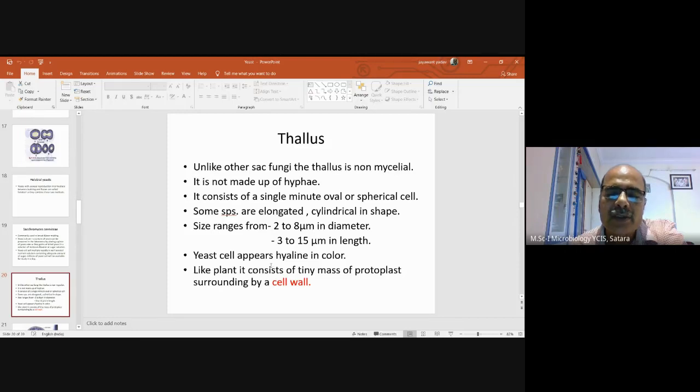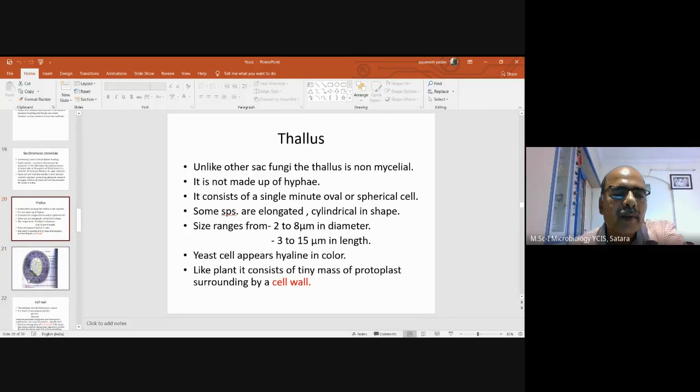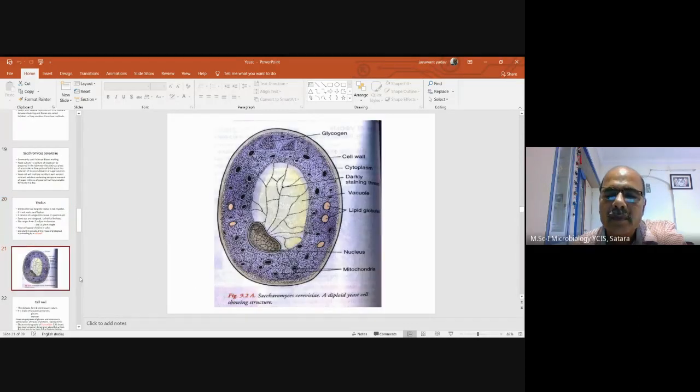Like a plant cell, it consists of a tiny mass of protoplasm surrounded by a cell wall. If you observe the diagram, you will find Saccharomyces cerevisiae, a diploid yeast cell showing its structure.